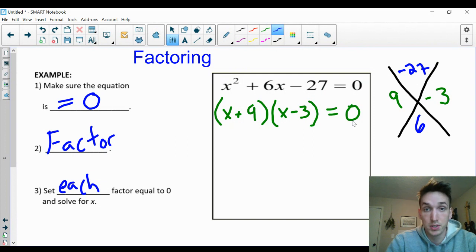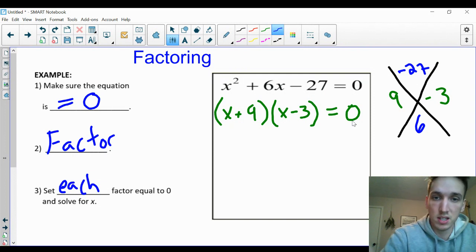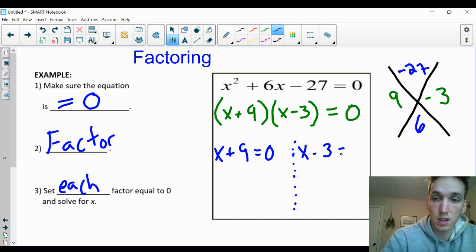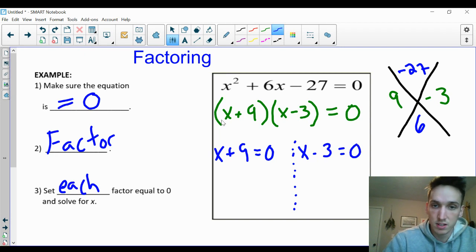Something times something else equals 0. That means either x plus 9 equals 0 or x minus 3 equals 0. So that third step, take each factor and set it equal to 0, and then solve for x.